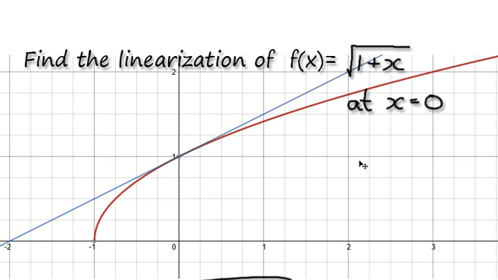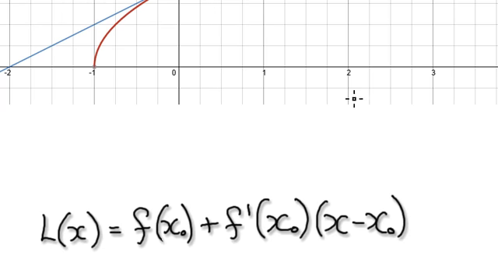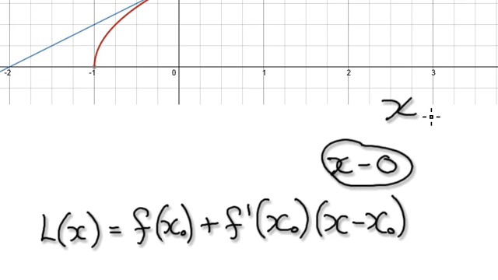Whenever you try to find a linearization of something at x equals 0, it's a lot simpler. It will simplify things out greatly. For example, when you look at this point here, you've got x take away 0, which is just x.